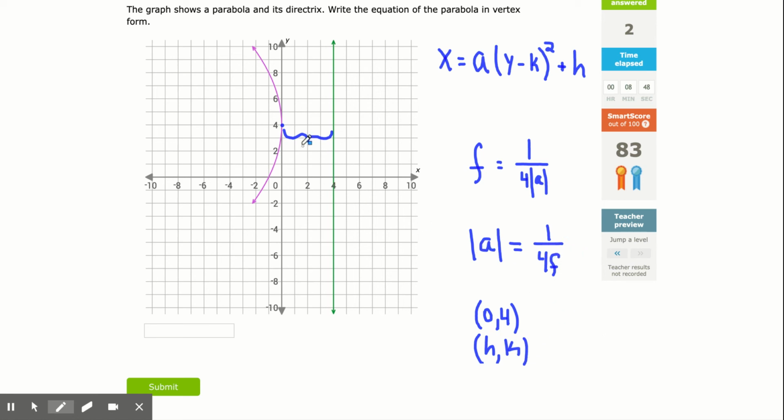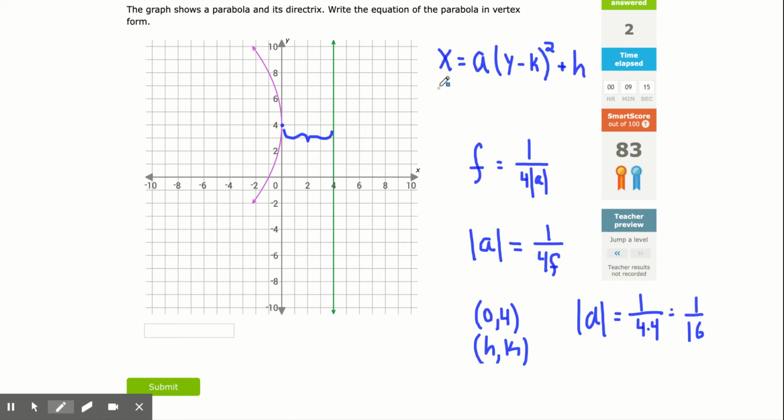I'm going to take that focal length, which is 4 units. So the absolute value of a will equal 1 divided by 4 times the focal length, which is 4, or 1/16. So I know that my a value, when I type in my equation, is going to be 1/16.